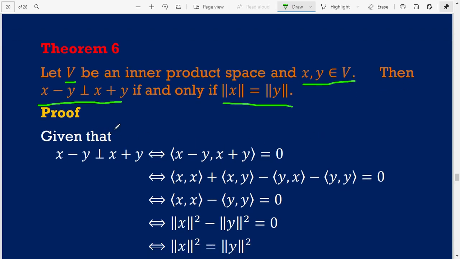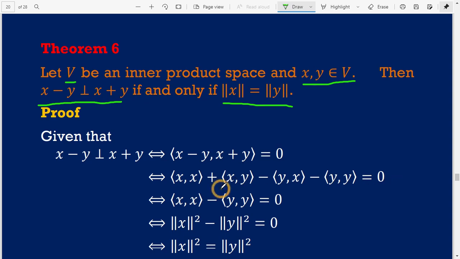Here, given that x minus y is orthogonal to x plus y if and only if inner product x minus y with x plus y is equal to 0, if and only if inner product x with x plus inner product x with y minus inner product y with x minus inner product y with y is equal to 0.